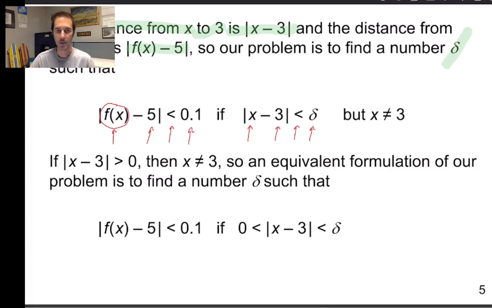So the only thing that we don't know in this statement with a bunch of red arrows under it is delta. And that's what we have to try to find.